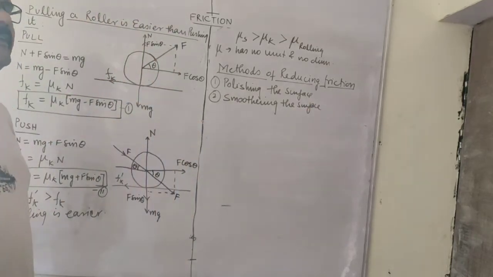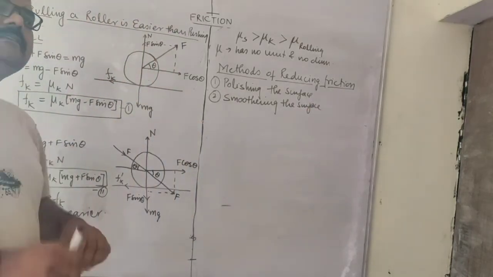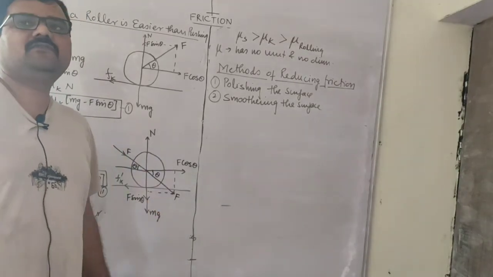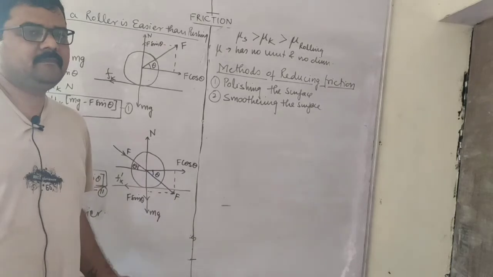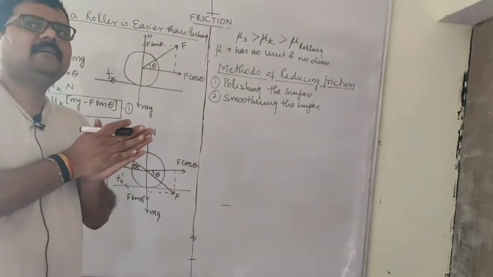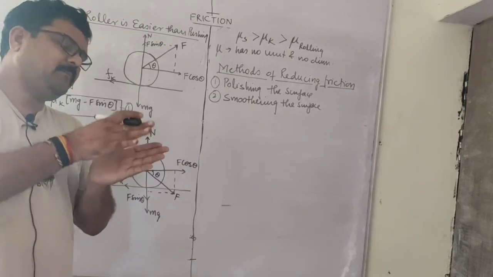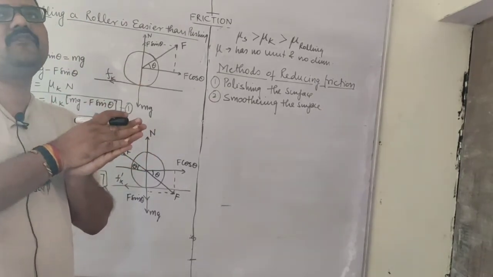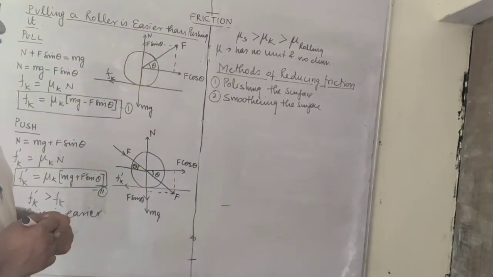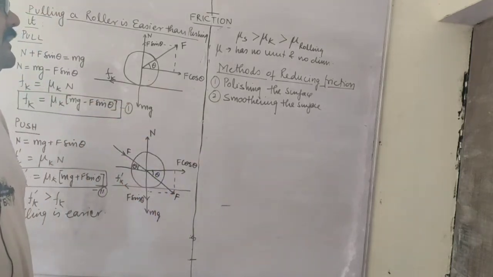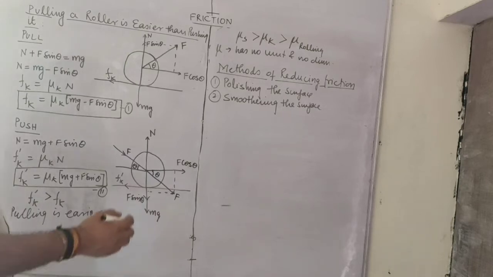Here one point must be clear: smoothing a surface beyond a limit will increase force of friction. Why? Because if you smooth a surface beyond a limit, then points of contact will increase and therefore force of friction will increase. But up to a limit, smoothing a surface will decrease force of friction.